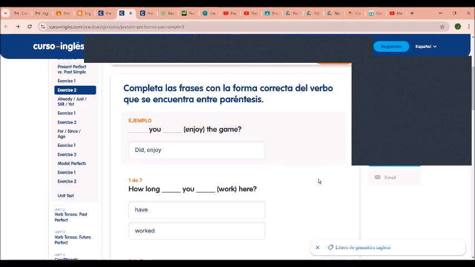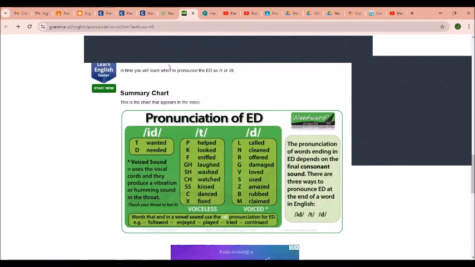All right. Ada, read for me. How long have you worked here? All right. Now, when you see the ed ending, guys, you have to be super careful because ed endings will change based on the word. For example, that word ended with a K sound.